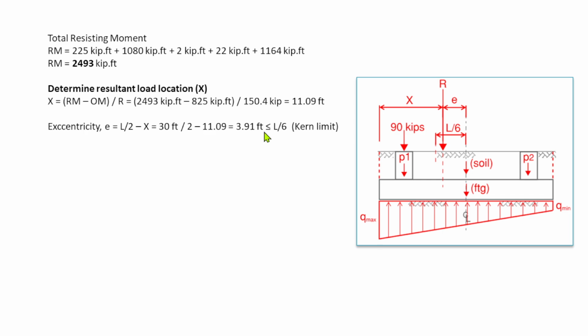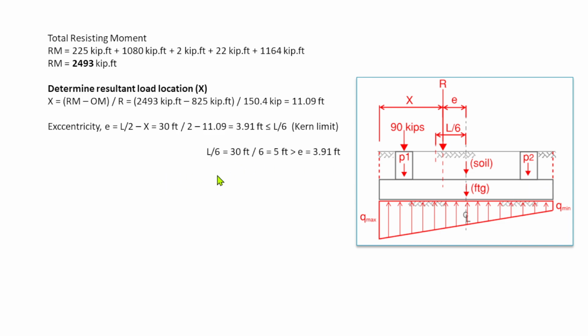In our limit, the footing is effective if the eccentricity is less than or equal to L over 6. Which means if the eccentricity is greater than L over 6, there is tension in our footing. The geometry of our footing would be like this. There's a negative here.